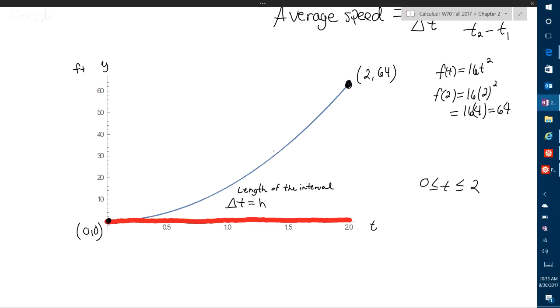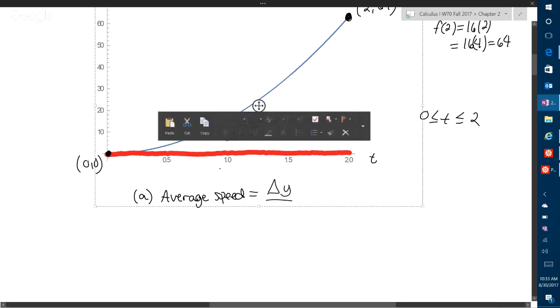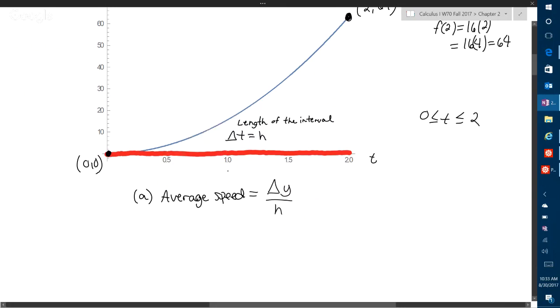How do I go about finding the average speed over the first 2 hours? Well, let's see. So the average speed is equal to the change in y divided by h.